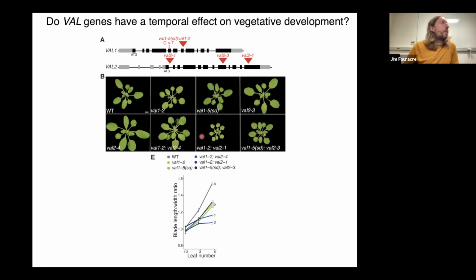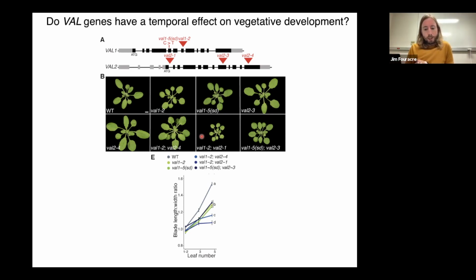Yeah, so the ChIP-seq analysis came out last year, I think, looking at Val1 binding across the genome, and it comes out with a lot of targets. RY sites are only 6 base pairs, so you're going to get them pretty heavily distributed throughout the genome. But there's a very specific interaction between RY sites and B3 domain transcription factors.